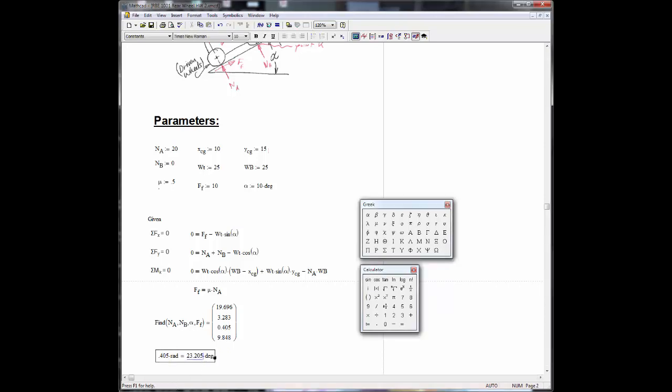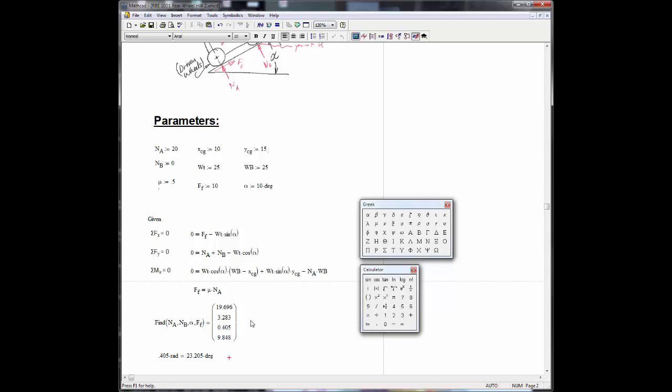So just finishing up with this introduction or promotion for Mathcad. We changed the coefficient of friction to 0.5, and now you can see that there is a positive normal force on the front wheel, N sub B. The maximum angle now is 23.205.